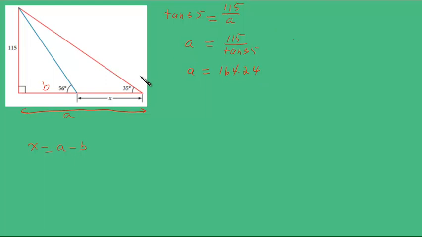Now let's find B. Well, we know the tangent of 56 is equal to 115 over B. B then is equal to 115 divided by tangent of 56. So approximately B is equal to 77.57. And so X is 164.24 minus 77.57. That gives us 86.67.